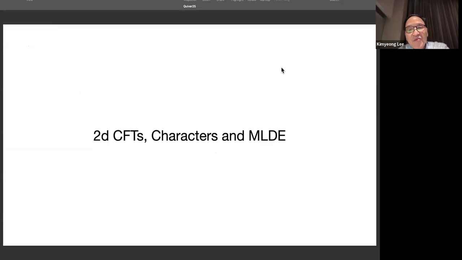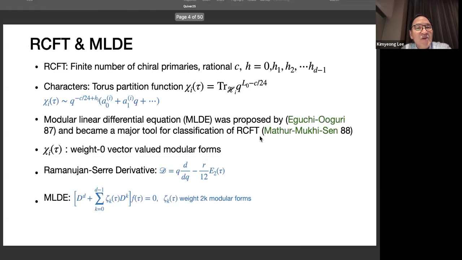So let's start with 2D conformal field theories, their characters, and the equation satisfied by these characters, which is called modular linear differential equations. Among the 2D conformal field theories, there are rational conformal field theories. A rational conformal field theory has a finite number of chiral primary operators, with rational central charge and rational conformal weights.